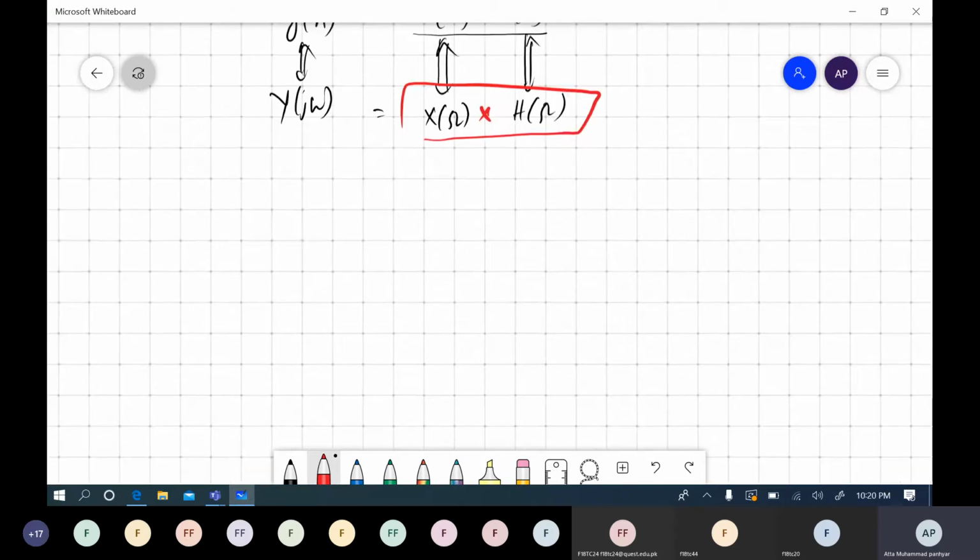How? By definition, for example, y of n is equal to, if I write the summation, the definition of convolution, what does that mean?